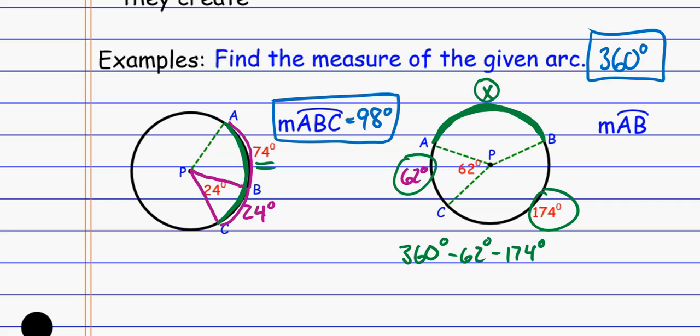Just like we've done with angle addition, with supplementary angles, I start with the whole thing, the 360, and I subtract the angles that I have to see what's left over. When I subtract those, I'm left with 124 degrees. So this one up here is 124 degrees. There's the measurement of that arc.